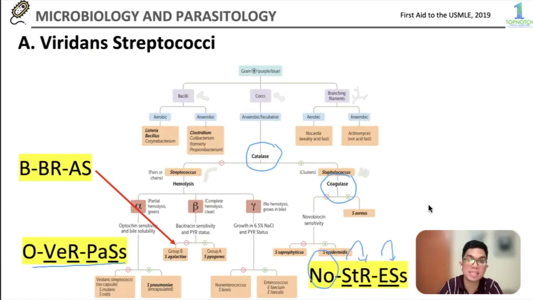And also sa pneumoniae, it's encapsulated, kaya there's also a positive Quellung reaction. And then the last is for beta-hemolytic strep. So we have the mnemonic BBRAS. For group B strep, they are bacitracin resistant. And for group A strep, like Strep pyogenes, they are bacitracin sensitive. Okay? So yun yung three important mnemonics na alam na dapat natin ngayon.